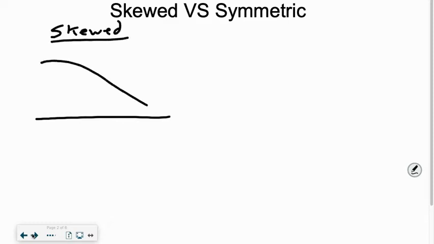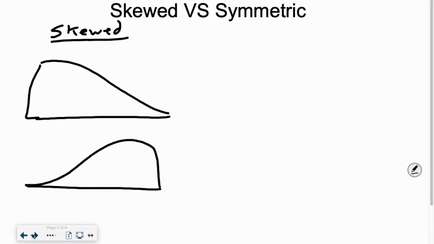Skewed and symmetric density curves. So those are skewed curves. This is skewed right. This is skewed left.